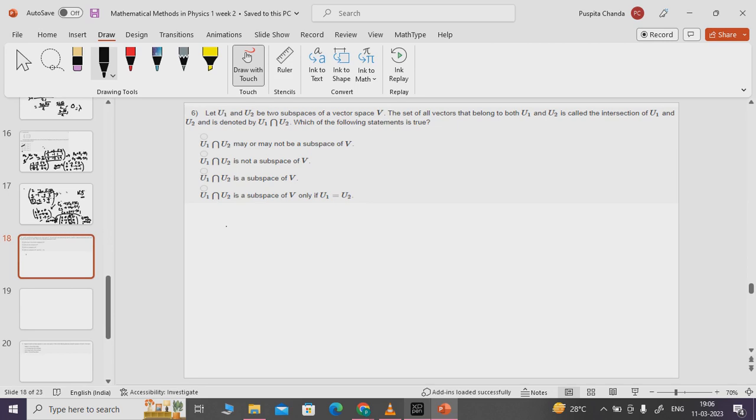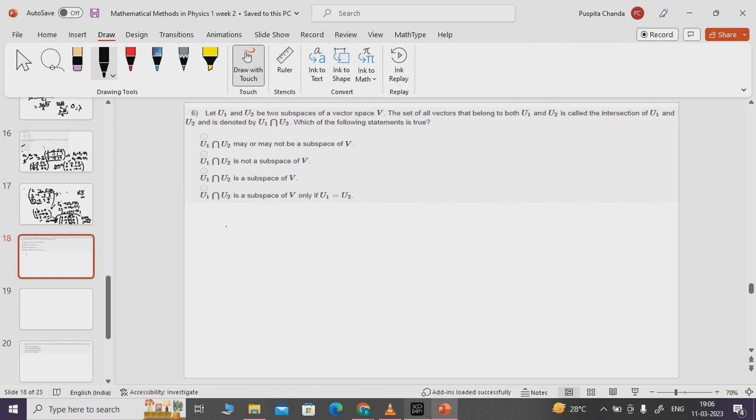So this is number 6. Let U1 and U2 be two subspaces of a vector space. A subspace of a vector space is a subset of V that follows all the rules of a vector space.